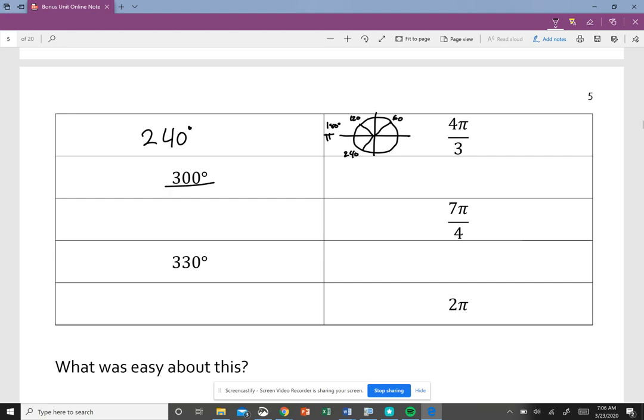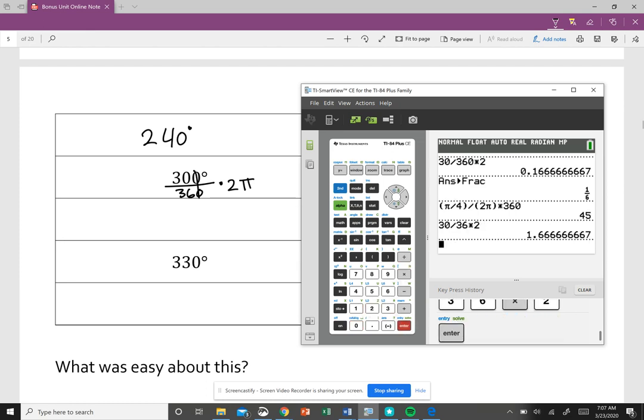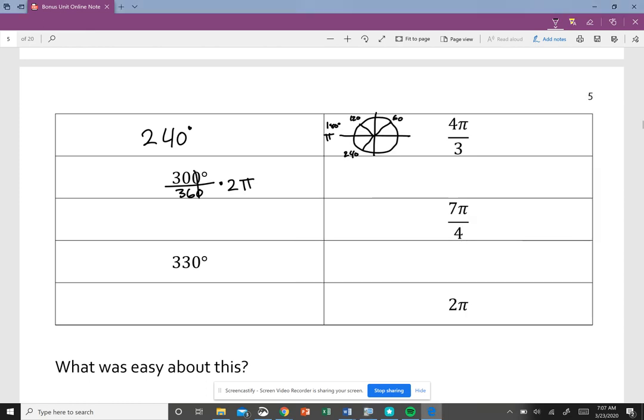So this would be 300 over 360. If you notice, you can easily simplify that fraction times 2 pi. So I've got 30 over 36 times 2. That gives me that gross fraction, so I do math, enter, enter, and I get 5/3.